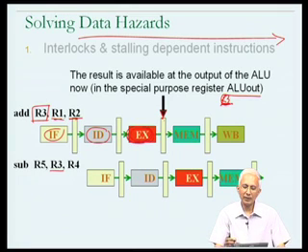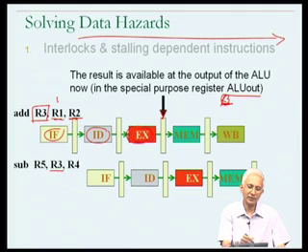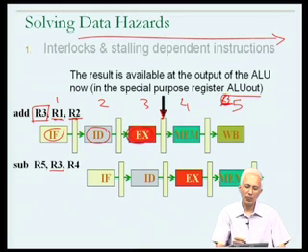Now the next question that we could ask is, when does the subtract instruction actually require that value? The problem that we have is that if I assume that the add instruction goes through the pipeline in cycles 1, 2, 3, 4 and 5, the subtract instruction, if it just follows the add instruction, would have gone through the IF stage in cycle 2, the ID stage in cycle 3, the EX stage in cycle 4, the MEM stage in cycle 5 and the write back stage in cycle 6.